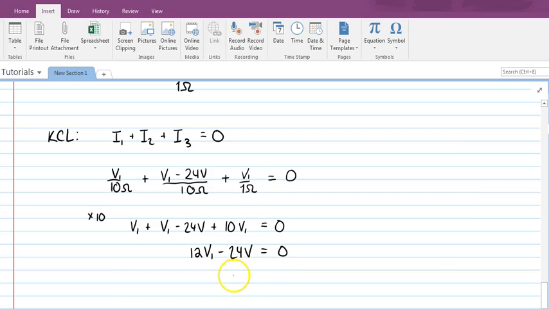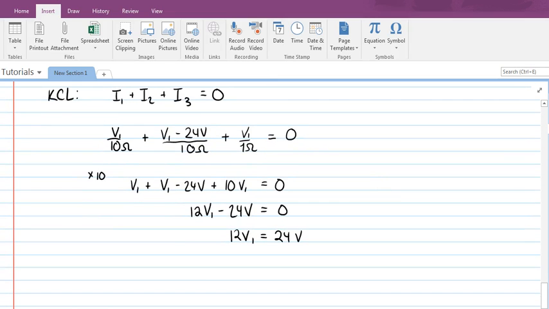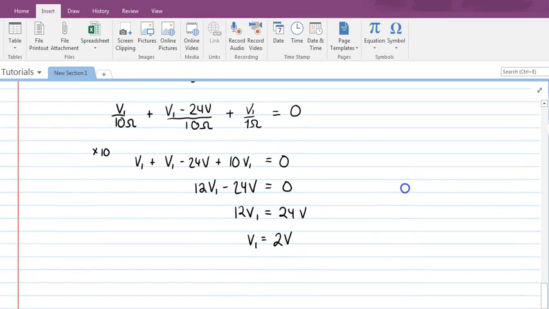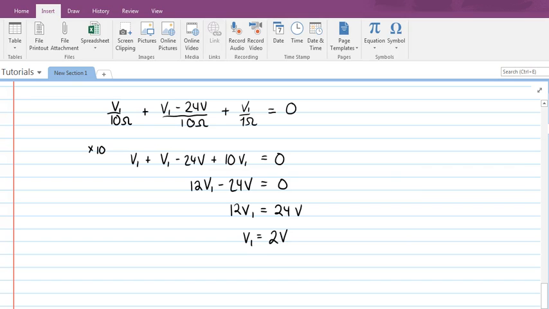Adding 24 volts on both sides gives us 12 V1 is equal to 24 volts, and V1 is then equal to 2 volts. So that's the value of V1.